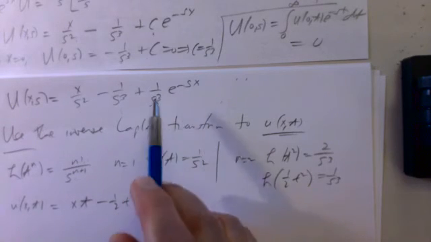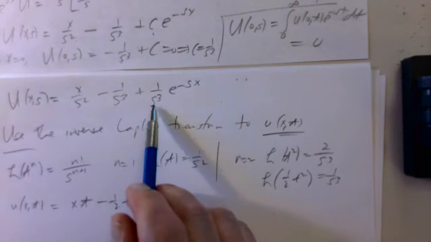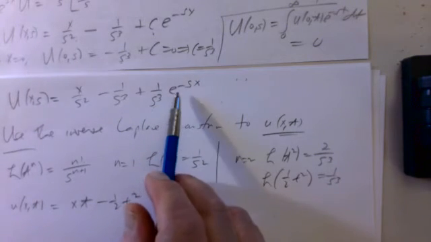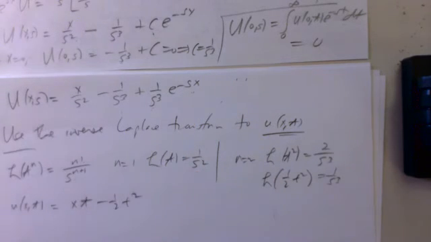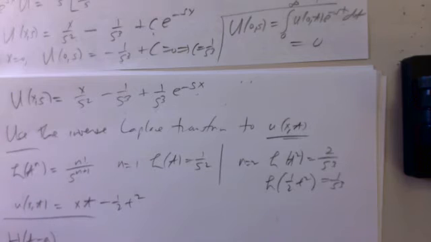And then I have this more complicated expression, 1 over s cubed e to the minus sx. So I look at my table and I see the following expression. For the Heaviside function h, what's on the table is h of t minus a times f of t minus a, where f is some function.